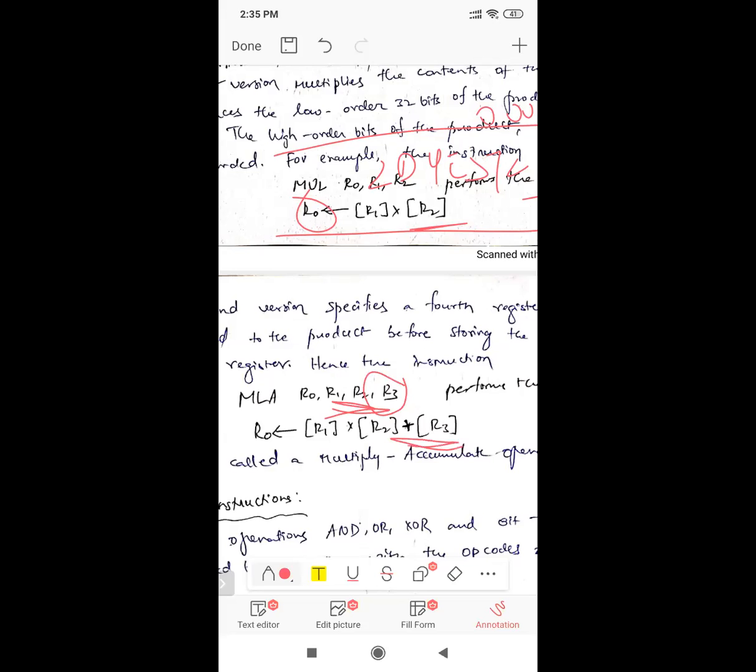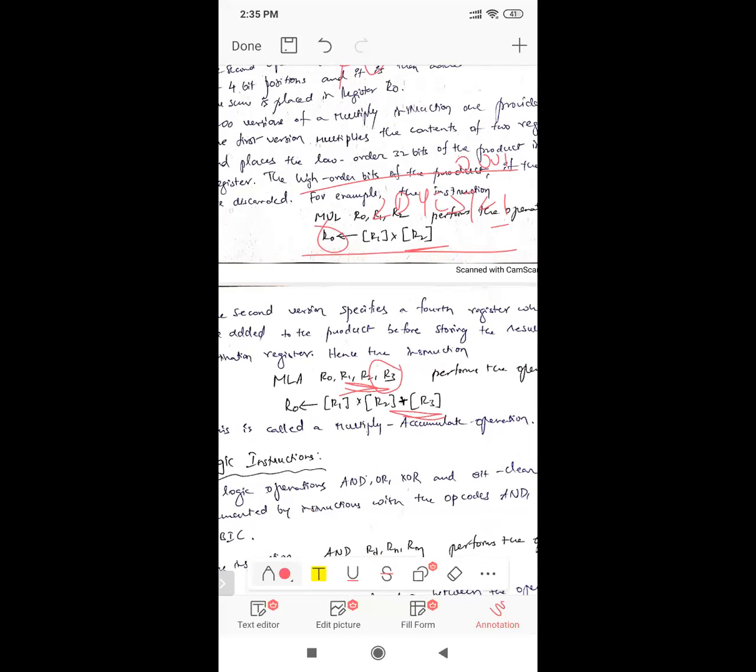The content of R3 is added to the product of R1 and R2, and then the result is transferred to the R0 register. This is called the multiply accumulate operation.